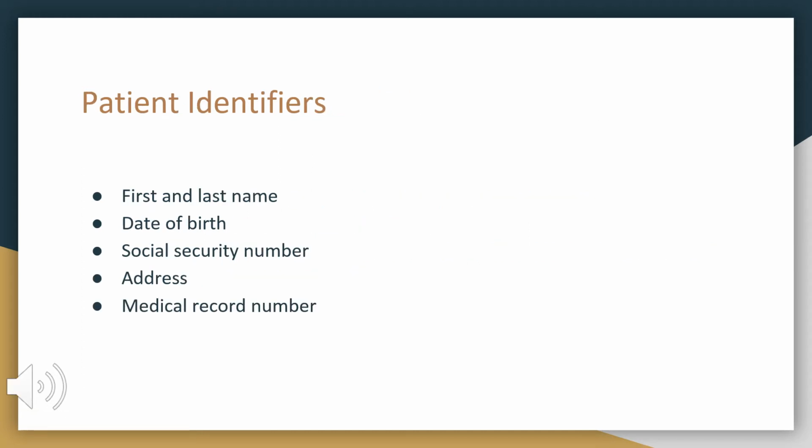This is a list of various patient identifiers and what helps make a patient unique. The first and last name, date of birth, social security number, address, and medical record number. So it's understandable how easy it can be to type in the wrong birth year, patients move, and so we have outdated data.